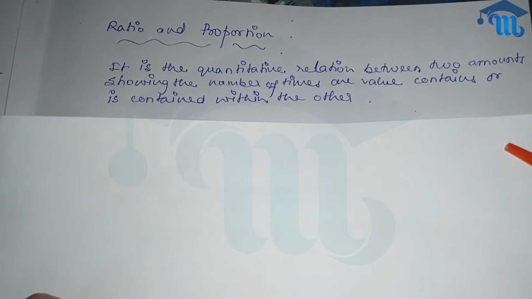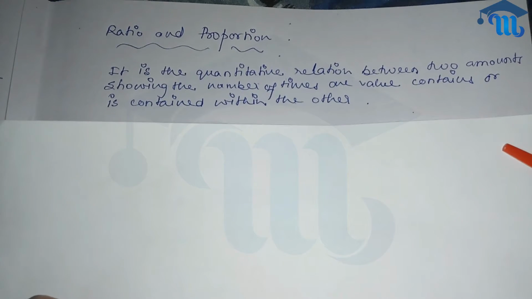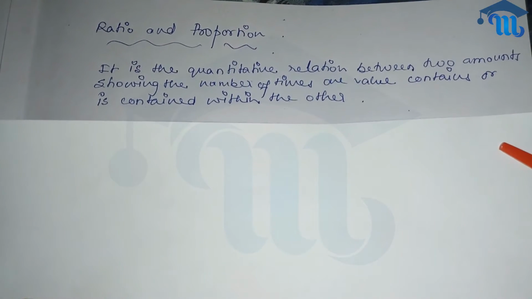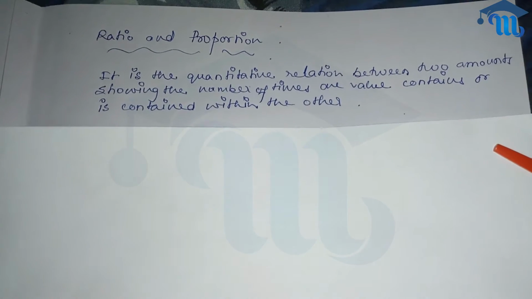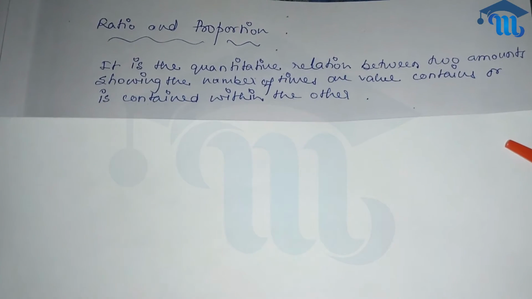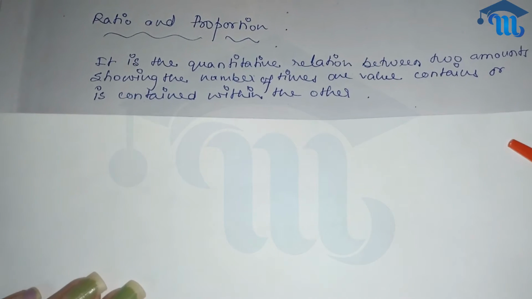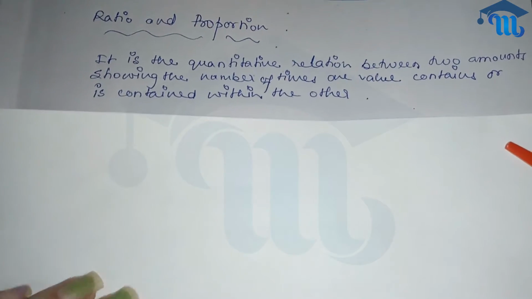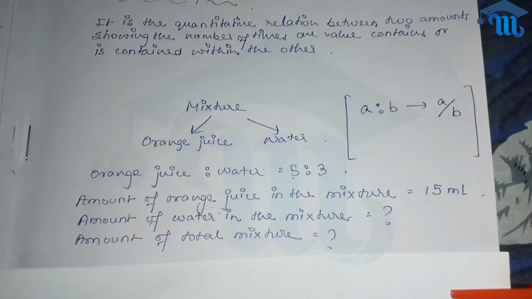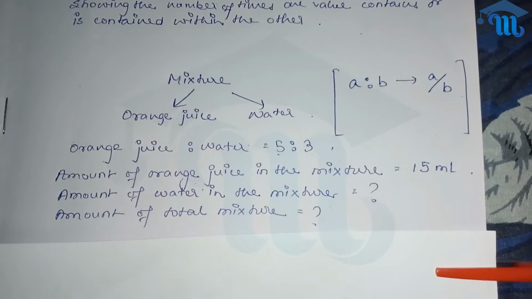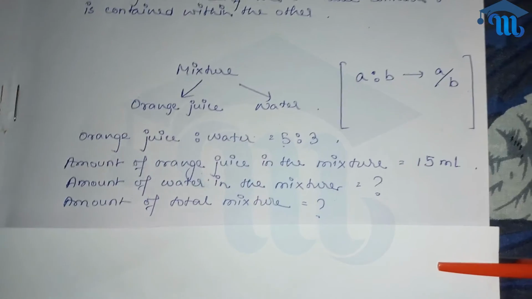For that you need a process to define it, and that is ratio. So we will see the full concept in detail with an example, and this will make the concept more clear.